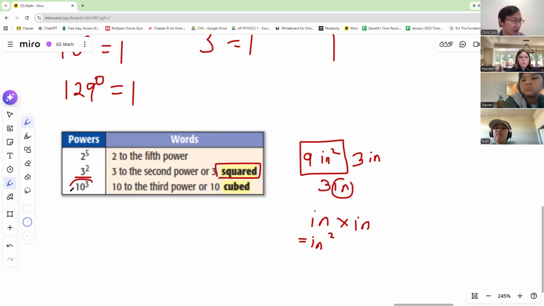So again, third power, we can call it cube. Second power, we can call it square. But if you go beyond the third power, fourth power, fifth power, we usually don't have a specific name for them. We just say, 3 to the fourth power, 5 to the sixth power, whatever. Okay, cool.